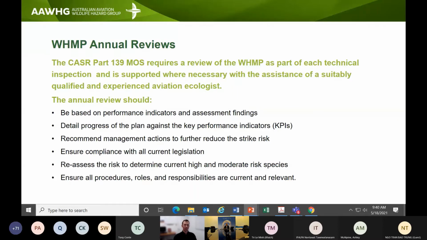So it's fairly critical that during these reviews we understand the roles and responsibilities and who is nominated for those responsibilities, and we just need to ensure that they're contemporary and up to date with the organisation and the aerodrome itself.